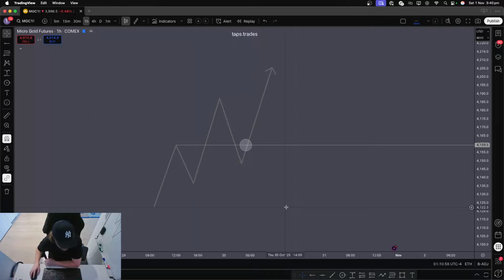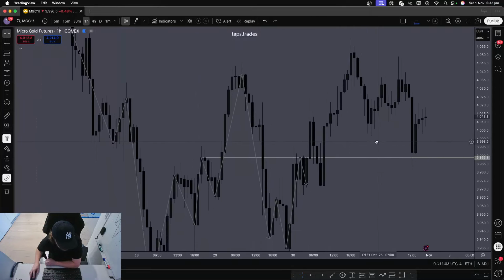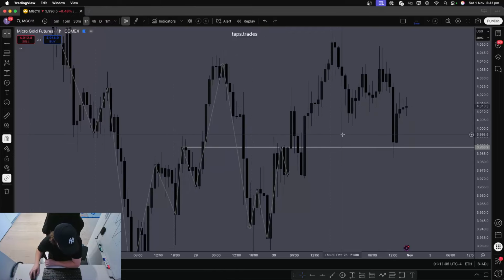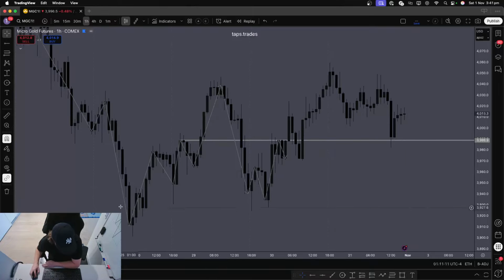So putting that all together, we are going to have a look at the trade opportunity again that was on the 30th of October. We can see that price is making higher highs and higher lows, indicating that we're in an uptrend.